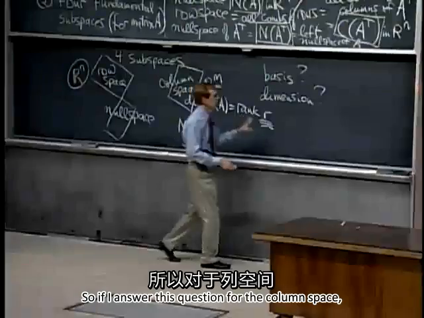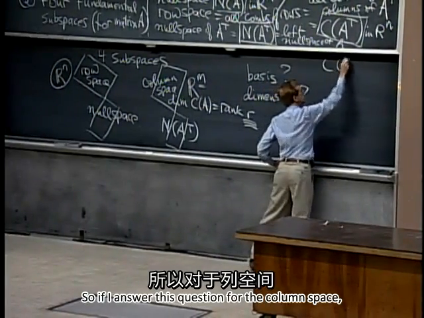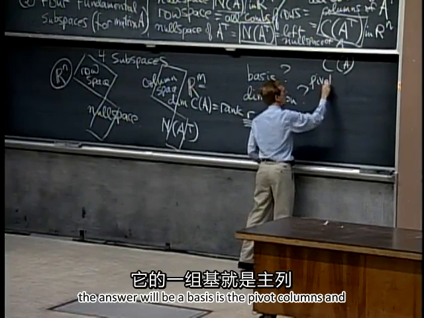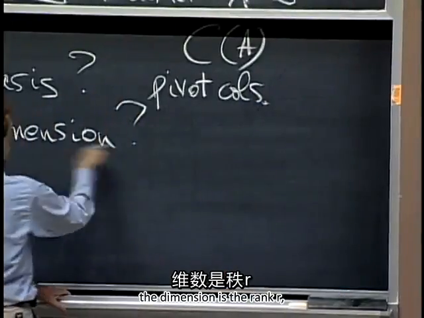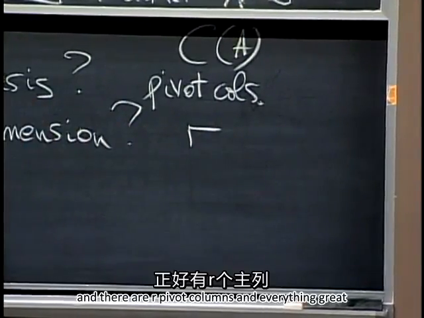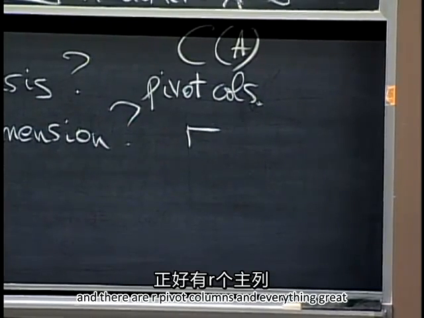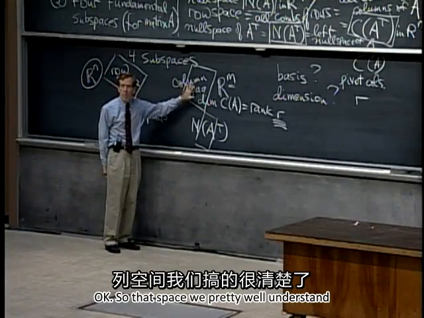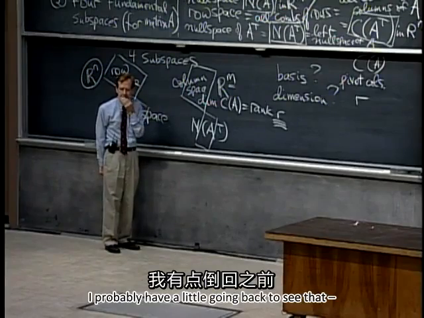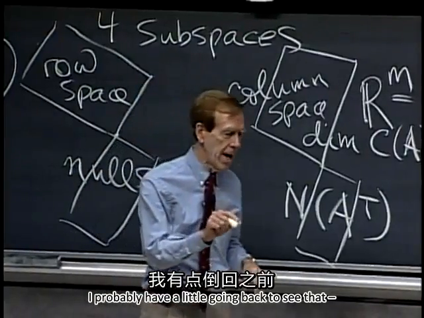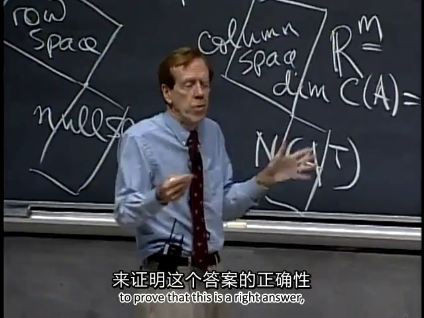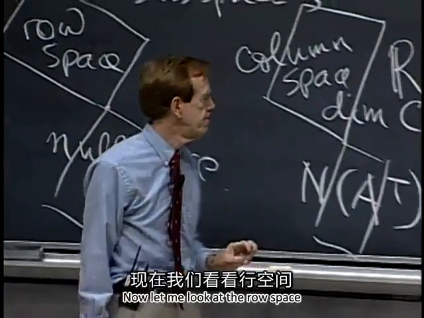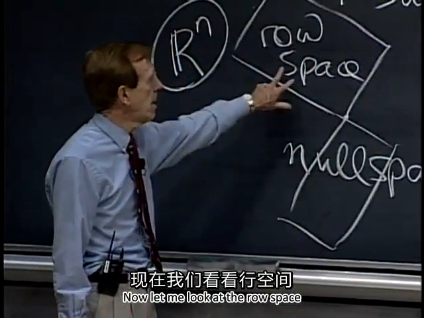So if I answer this question for the column space, the answer will be a basis is the pivot columns, and the dimension is the rank R. And everything's great. Okay, so that space we pretty well understand. I probably have to go back a little to prove that this is the right answer, but you know it's the right answer. Now, let me look at the row space.